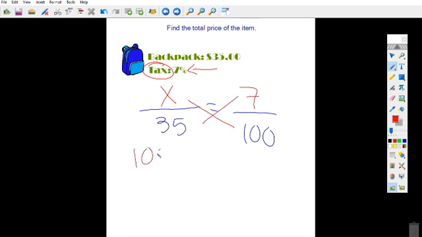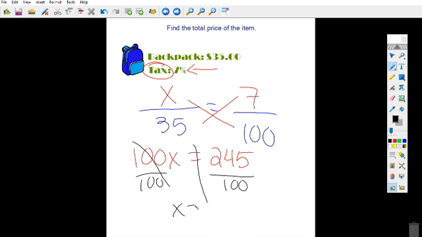So, let's draw our cross multiply. We get 100x equals 35 times 7. Do that in your calculator. You should get 245. Okay. Now we need to solve for x. We should divide both sides by 100.